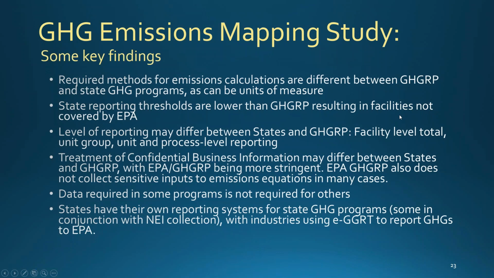A lot of state programs had lower reporting thresholds than GHGRP and covered a different set of facilities, and also the level of reporting sometimes differs between facility level, unit, and process level reporting. And again, the treatment of confidential business information differed between states and the GHGRP.